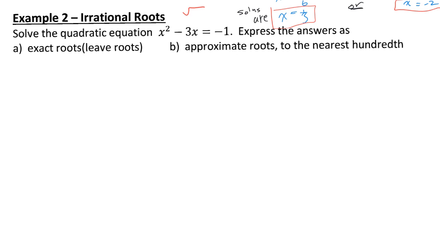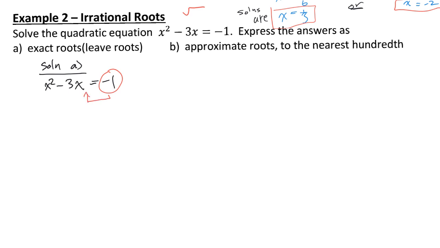So let's go through the solution for part A, the exact roots. In order to do that, we have to take our original equation, x squared minus 3x equals negative 1, and take all the stuff that is on one side and move it over to the other.